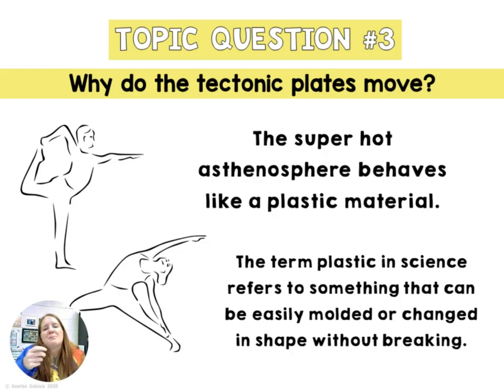So think of Play-Doh, clay, fudge, okay? All of those things can move, and they can slide past each other without breaking. That's what we call plastic. The asthenosphere is considered a plastic material because it doesn't break.